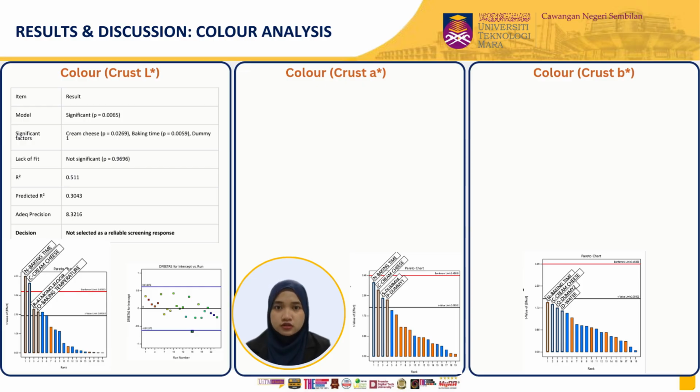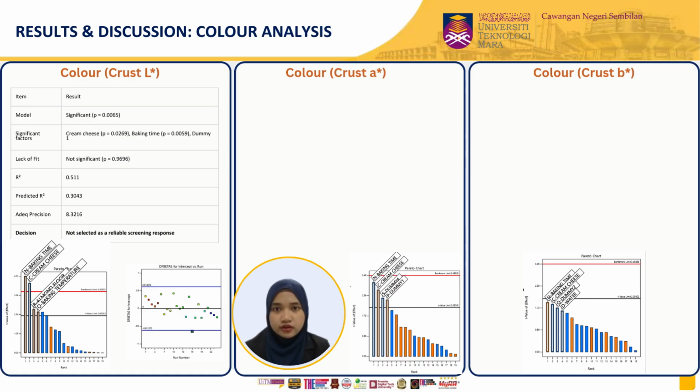The A and B responses were also excluded because the models contain significant dummy variables, making them unsuitable as reliable screening responses. Since dummy variables should ideally remain insignificant, their significance suggests that unexplained experimental variation may still exist. Therefore, these responses were not selected as reliable screening responses despite having statistically significant models.